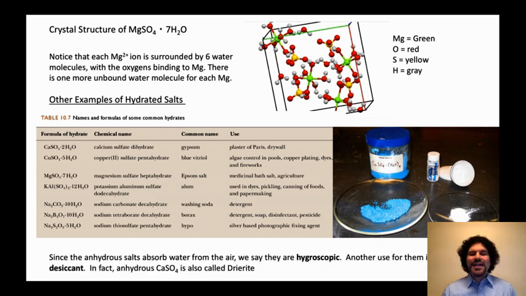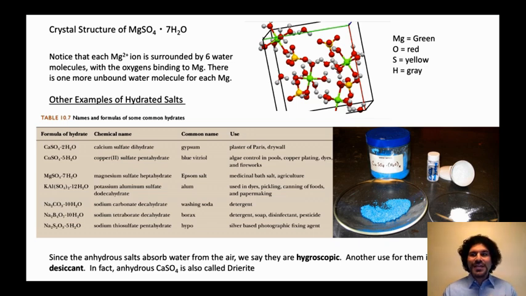And since these anhydrous salts absorb water from the air, we actually say that they are hygroscopic. Hygroscopic is the chemical term for absorbing water from the air. And then another use for some of these anhydrous salts is as a desiccant.